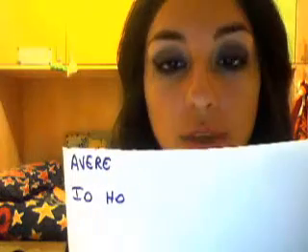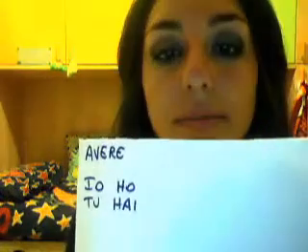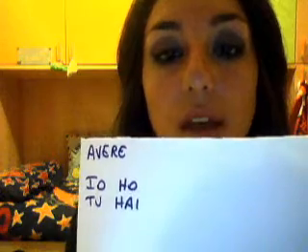So, for what it regards the first person, it is io ho. So as you can see, there is the H. Then we have tu hai. Then the third one is egli ha.